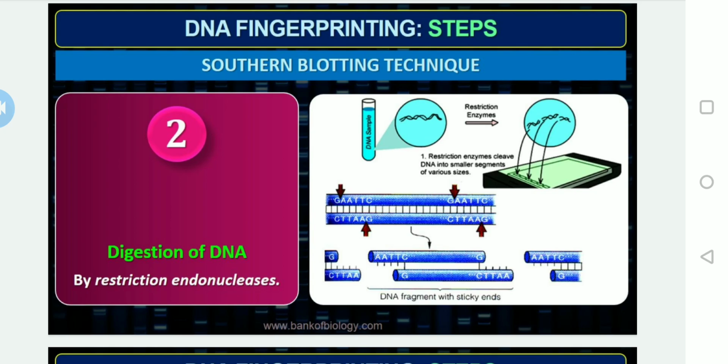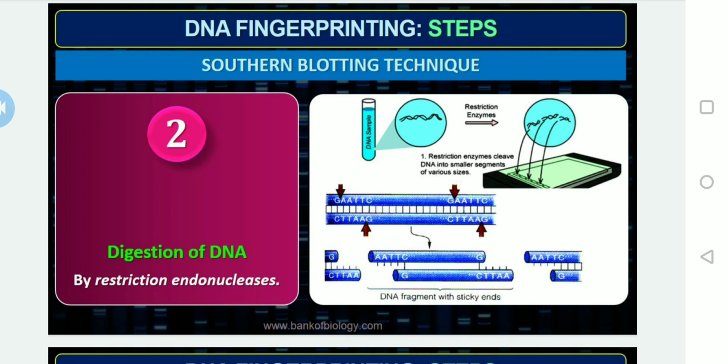What will they do in this step? Whatever sample they collected, as I told, either blood, semen, saliva, hair follicle, skin, bone, or any other tissues, this sample is centrifuged at 2000 rotations per minute to spin off and separate the cells, so that the cells are treated with enzymes to digest the plasma membrane and nuclear membrane to split open the nucleus, freeing the strands of DNA.